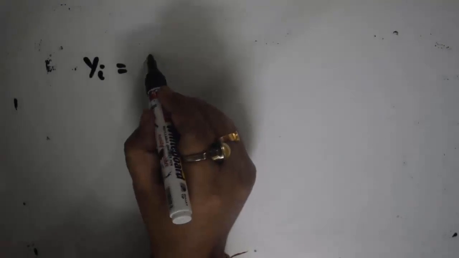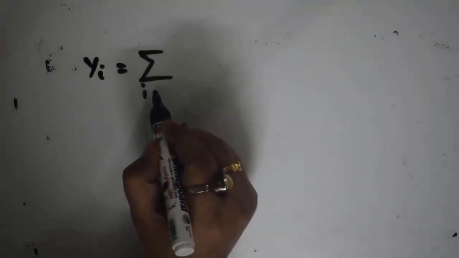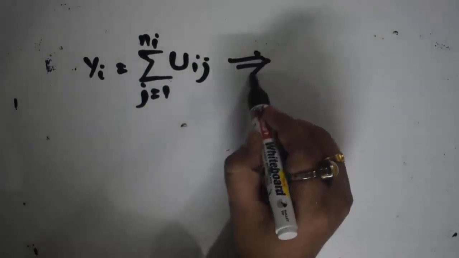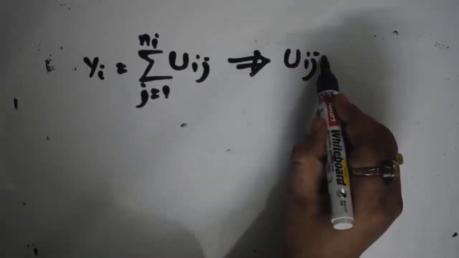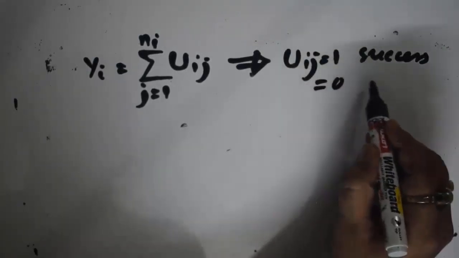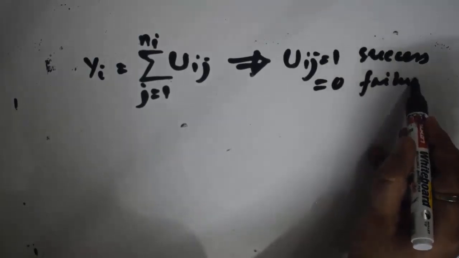Now suppose yi is equal to the sum over j from 1 to ni of uij, where uij is equal to 1 for success, 0 for failure.